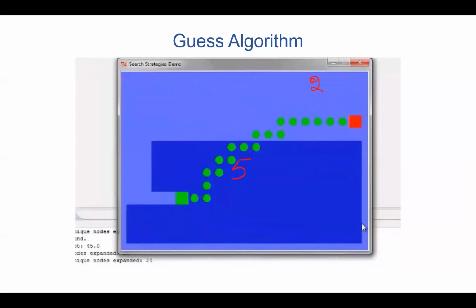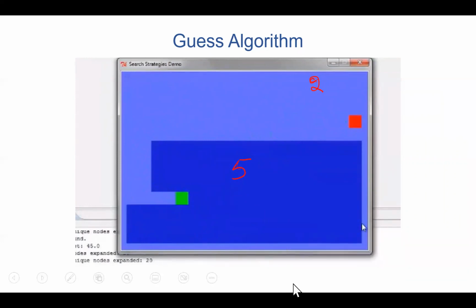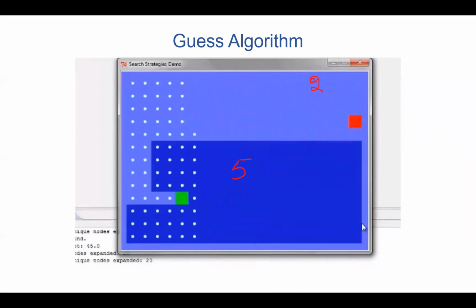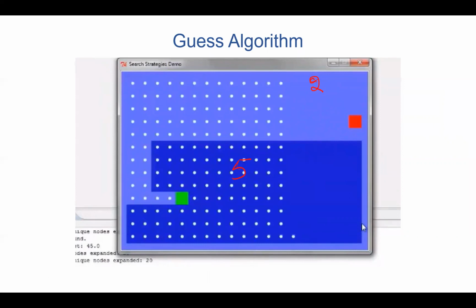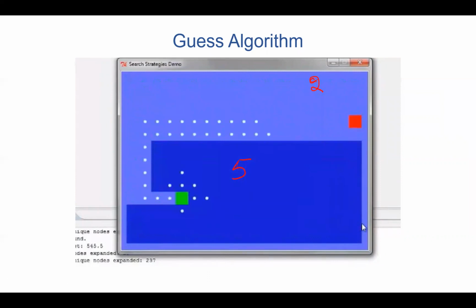That is it. Okay. How about this? Depth first search. Exactly. Left, left. How about this? That's A star. All right. Okay. So let's get to our main point now.